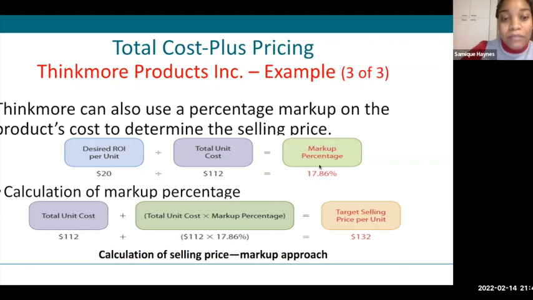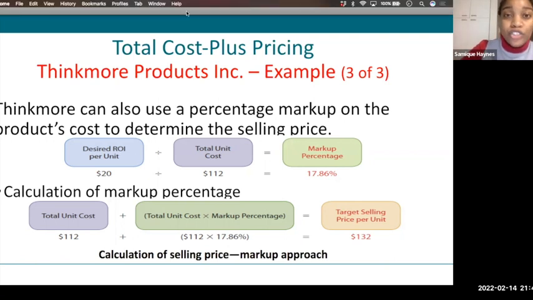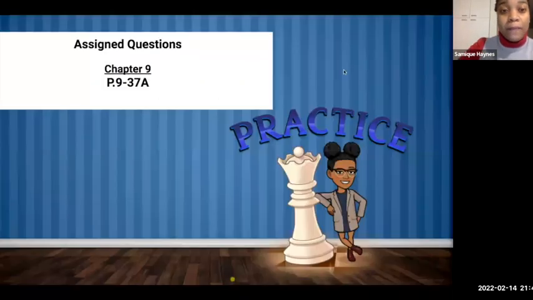When we apply this markup percentage to our total unit cost, that will tell us how much we need to mark up the cost by. So our selling price is the total unit cost of 112 plus the markup, which is equal to $132. Just another way of doing the same thing.